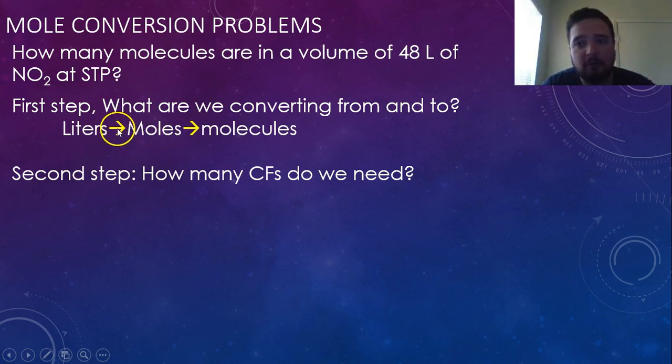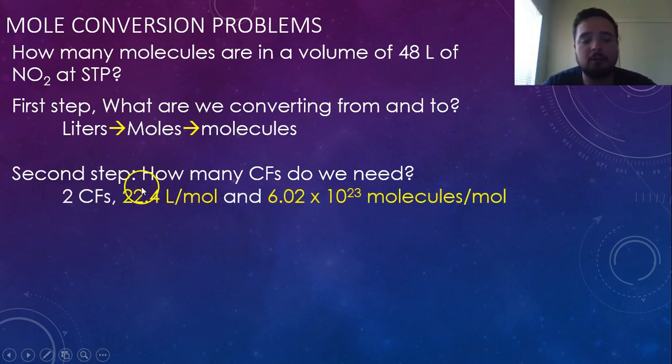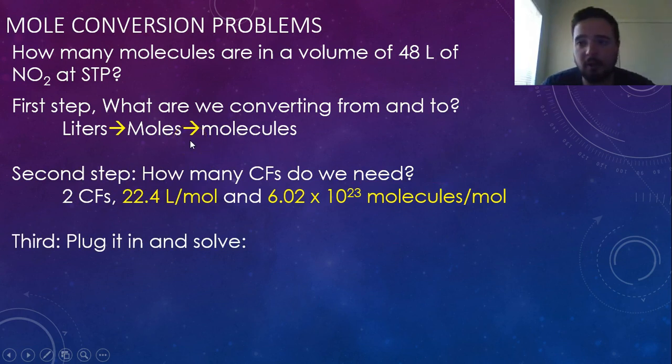The first conversion factor is going to need liters and moles in its units, and the second is going to need moles and molecules. So I know I need to use my 22.4 liters per mole for this calculation to go from liters to moles, and then I need to use Avogadro's number to go from moles to molecules. That's because they include the units that I'm associating this with. And then you just plug it in and solve it.